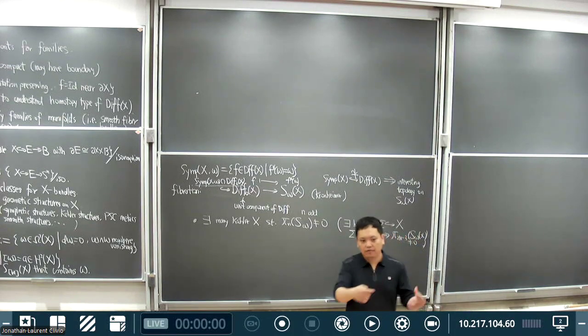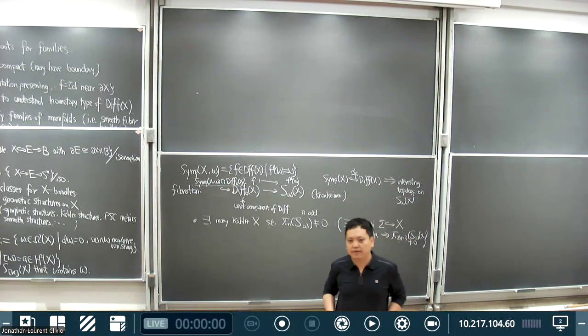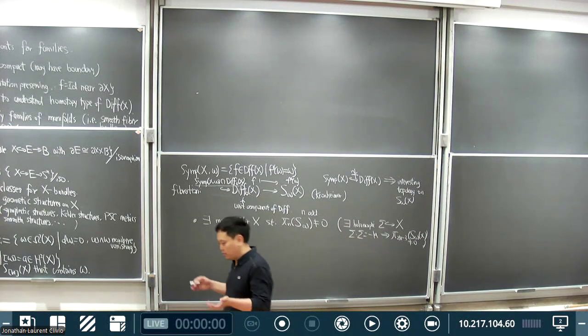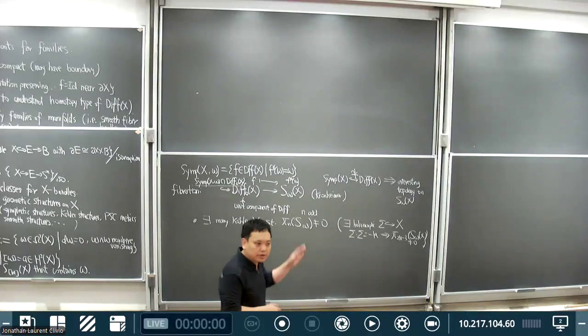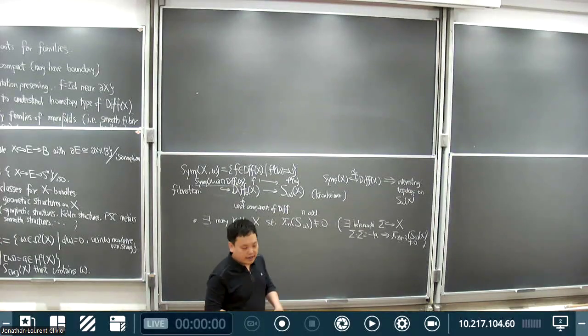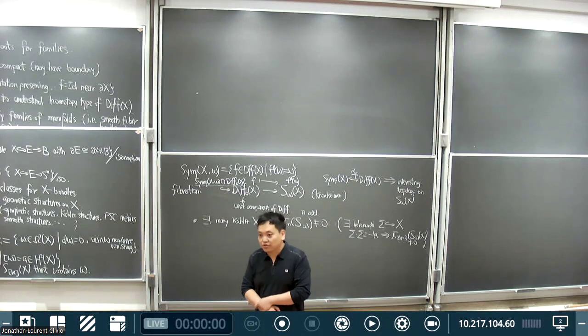Basically, if you have a holomorphic curve with very negative self-intersection, then you can use this long exact sequence together with some Seiberg-Witten theory to detect a non-trivial family of symplectic structures.